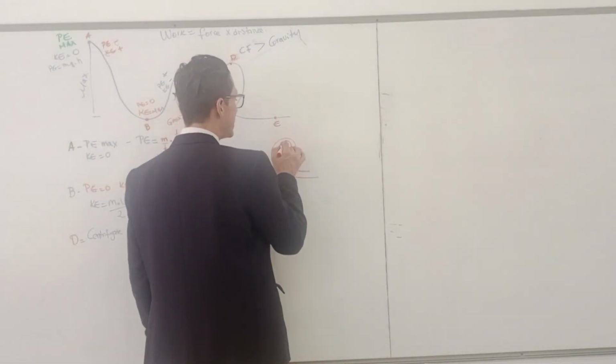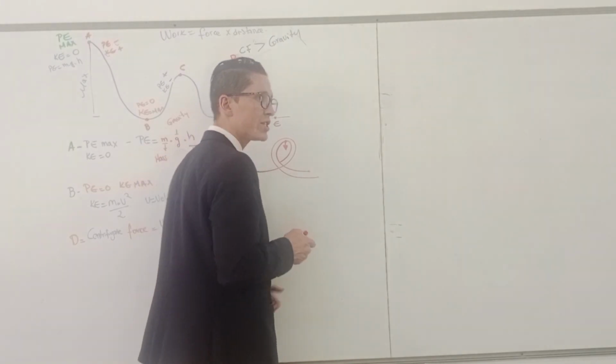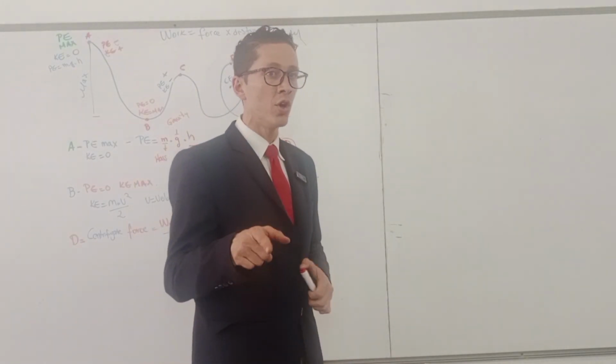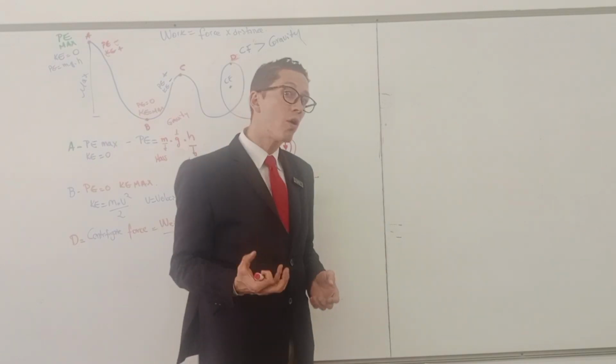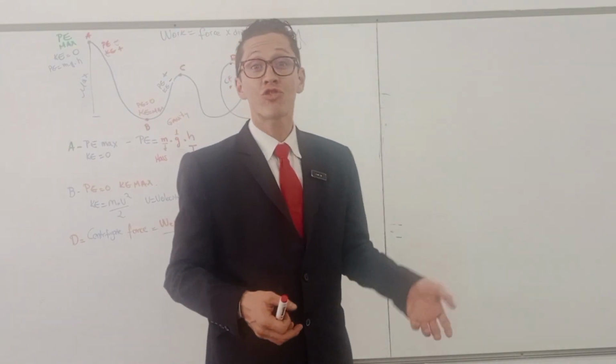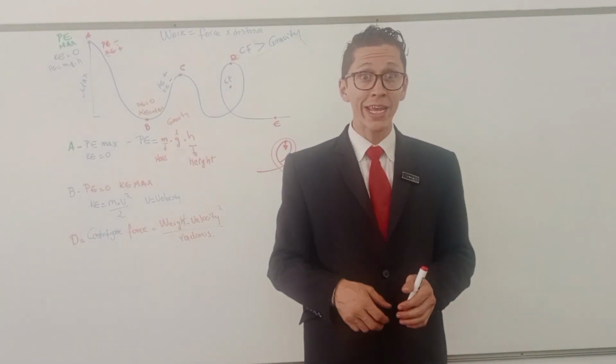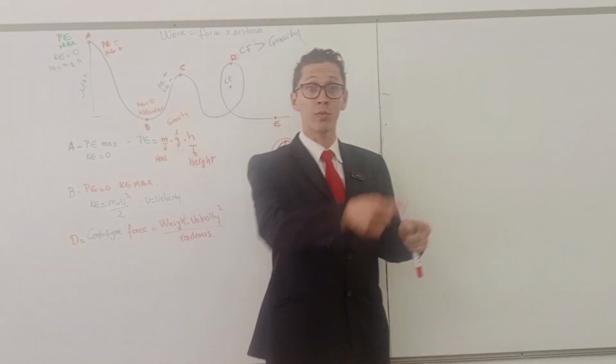And this force, opposite to gravity at that point, the force that maintains me there without falling is called centrifugal force, right? That is the force related to a loop.